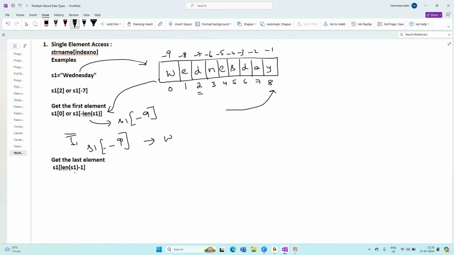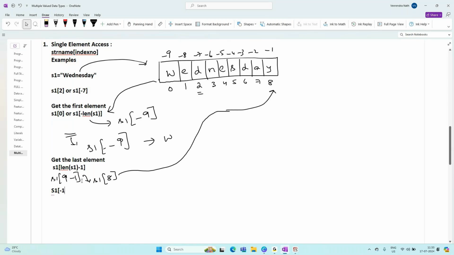S1 of len of S1 of minus 1. So S1 of len of S1. What is len of S1? Len of S1 is how much? 9. 9 minus 1 how much? S1 of 8. What is S1 of 8? Is that clear? Okay. Then, is there any other way?